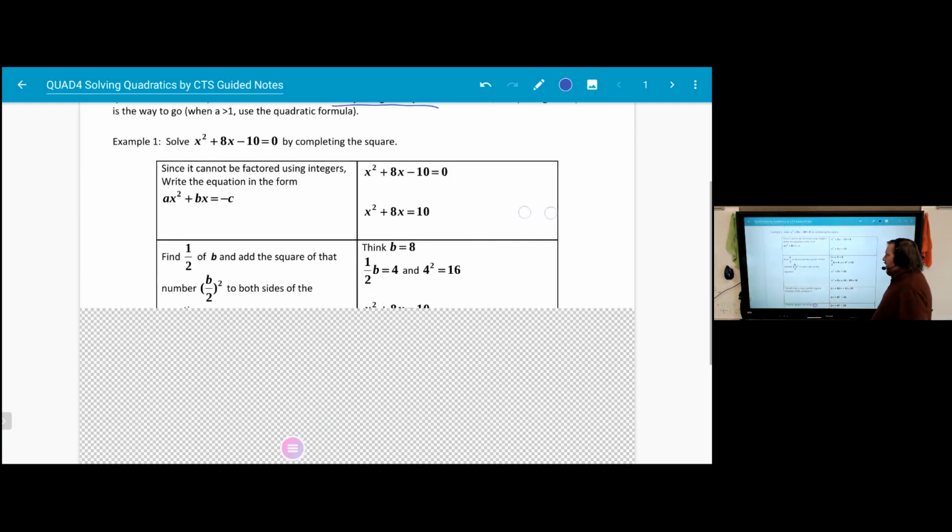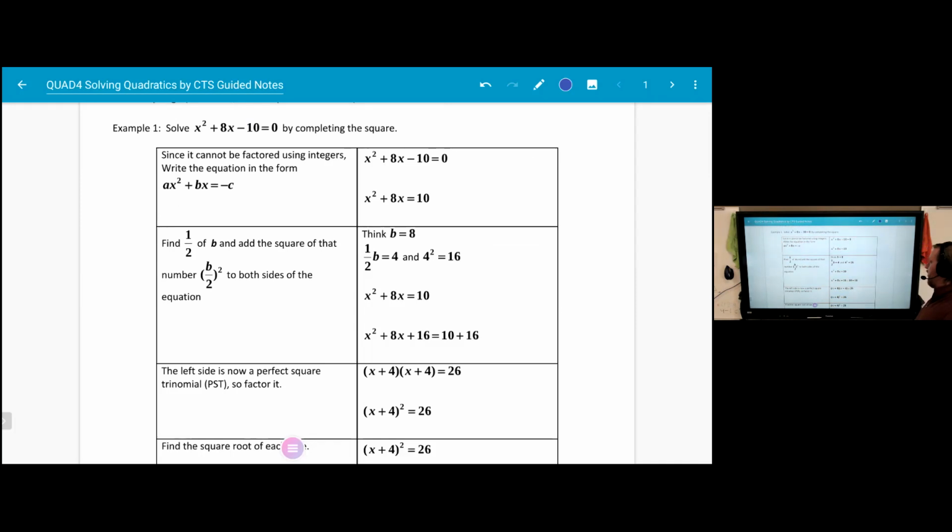Solve x squared plus 8x minus 10 equals 0 by completing the square. Now we know that we don't have anything that multiplies to -10 and adds to +8. But what we can do is called completing the square.